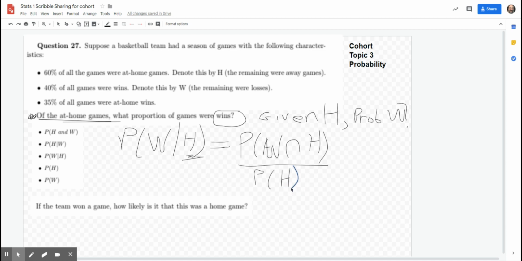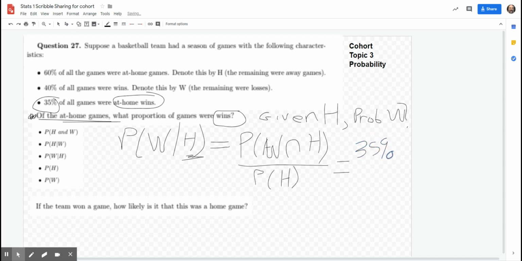And it looks like we can compute this without actually going to Venn diagrams. W intersect H, that's win and home, that's the at-home wins. So that's 35%. Remember, that's 35% of everything.